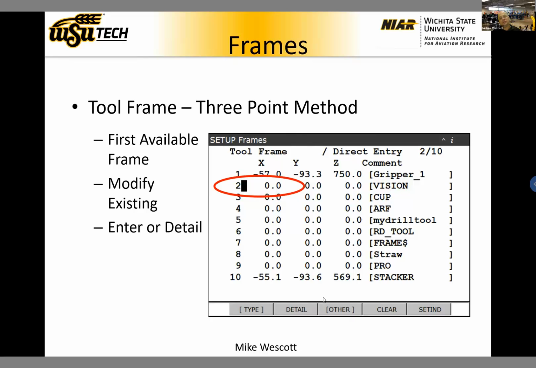Typically, you'll look for one that's all zeros, and you'll say EOAT over in a tool, EOAT and a number. In this case, I pulled up an example that had names in it, but they look unused because they're all zeros. To modify it, you just select that one and hit enter, and then the detail button to access it.